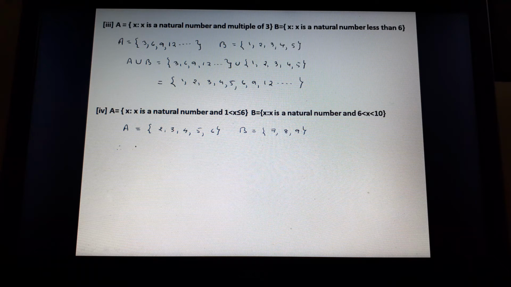Therefore, A union B equal to, so write 2, 3, 4, 5, 6, then union 7, 8 and 9.